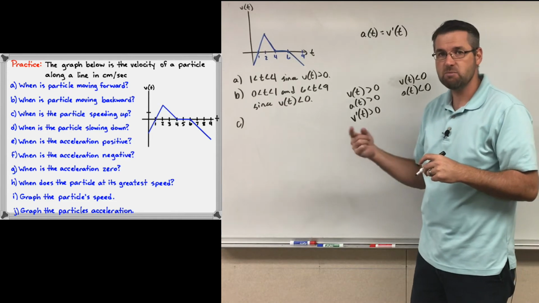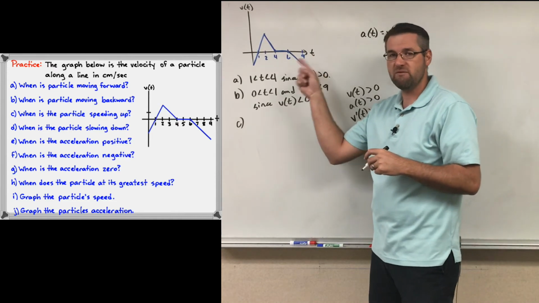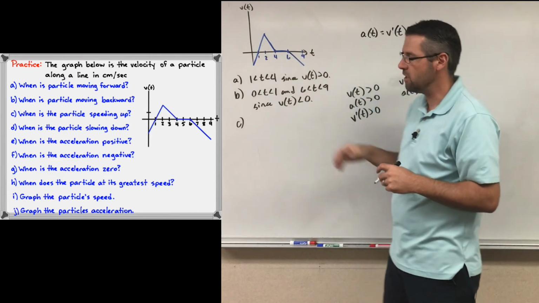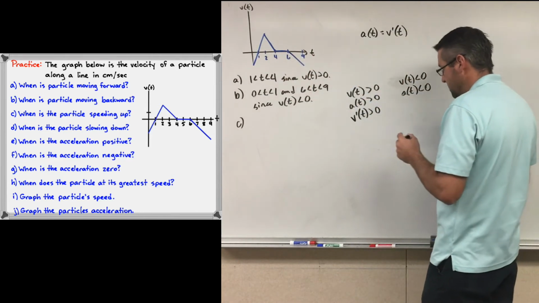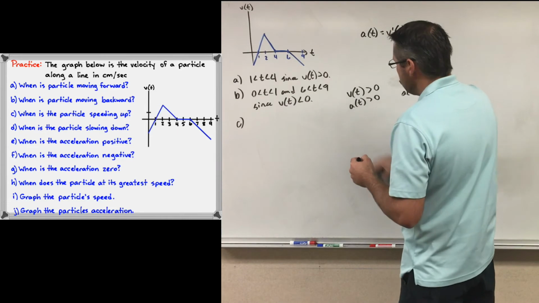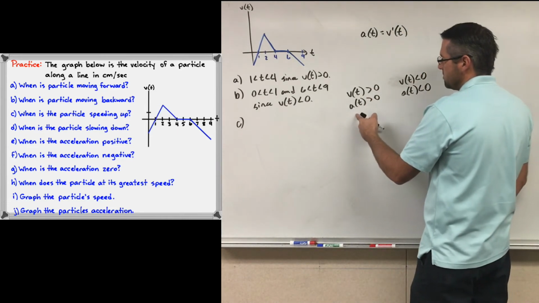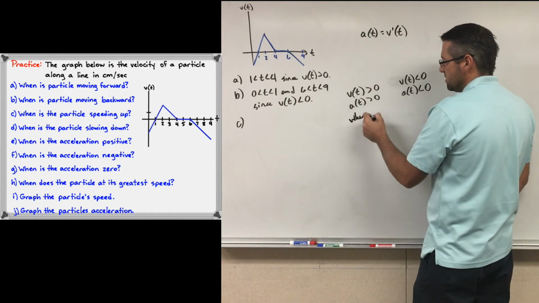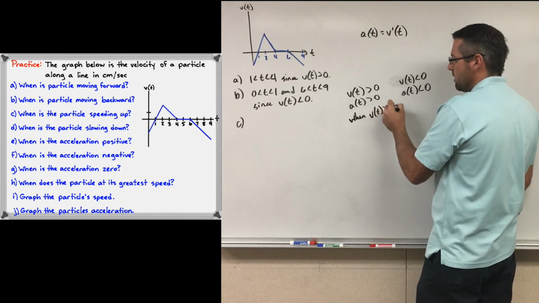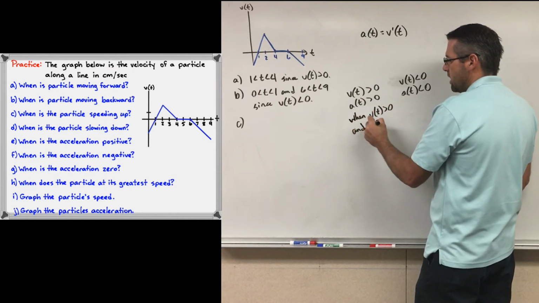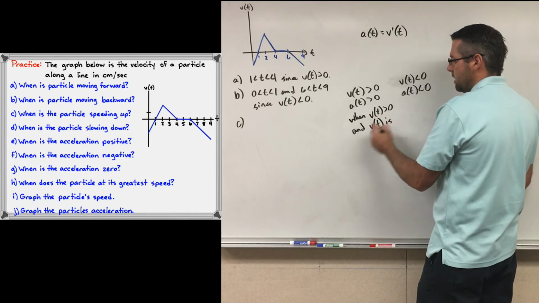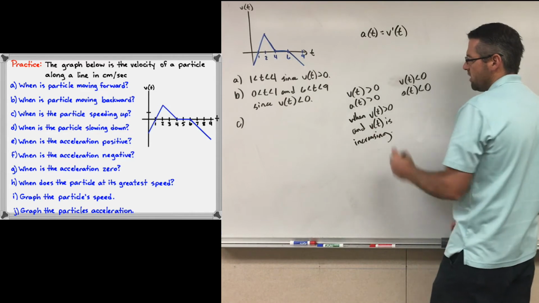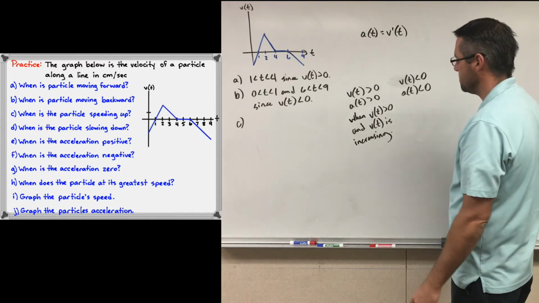The derivative is positive when the slope of the function is positive, in other words, when the function is increasing. So velocity is positive and acceleration is positive when velocity is positive and velocity is increasing. Because if velocity is increasing, that implies that acceleration is positive.